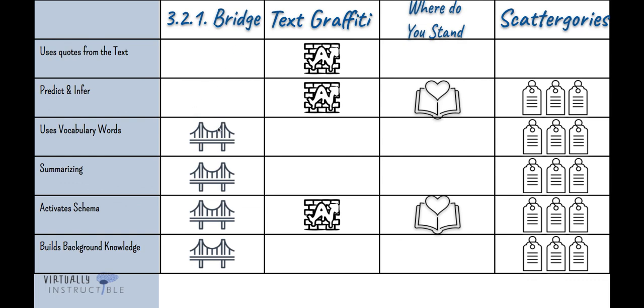And then 3-2-1 bridge, the way that I do it, involves summarizing, building background knowledge and vocabulary. So depending on the type of text that you're reading, select your activity to preview based on what are the skills that you want to emphasize.